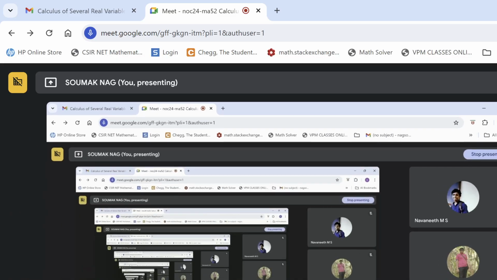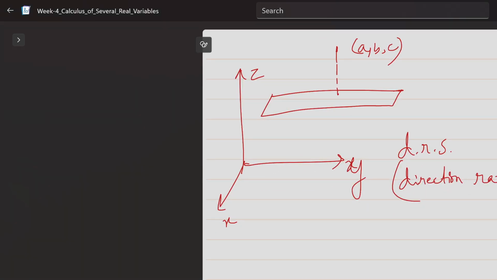So direction ratio is nothing but in which direction the plane is. Actually, here the plane equation is x plus 2y plus 3z equal to 10. So 1, 2, 3 is the direction ratio. The coefficient of x, coefficient of y, coefficient of z is the direction ratio of the plane. And there is something called the normal line to the plane.